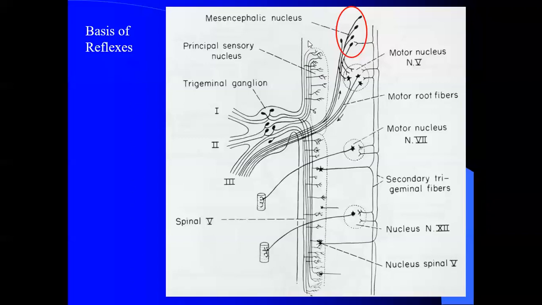This is, again, another good diagram showing you, first of all, the cell bodies up in the mesencephalic nucleus. They're purposely drawn to look like the dorsal root ganglion neuron. Here's the motor nuclei drawn to look like a typical anterior horn cell. Here's the motor nucleus of 7 drawn the same way. Here's the hypoglossal drawn the same way.